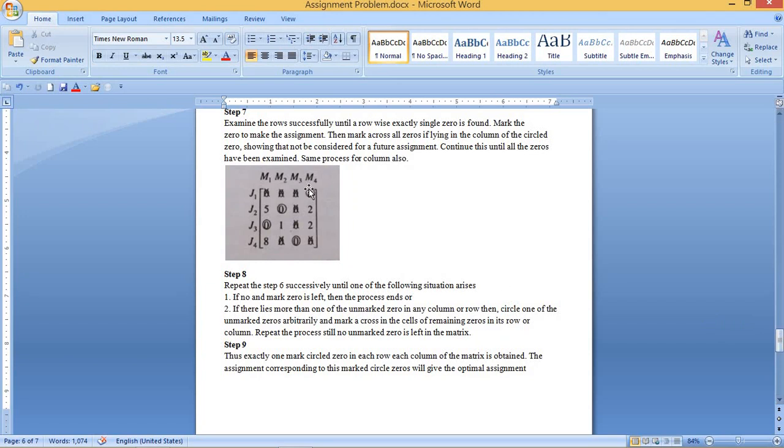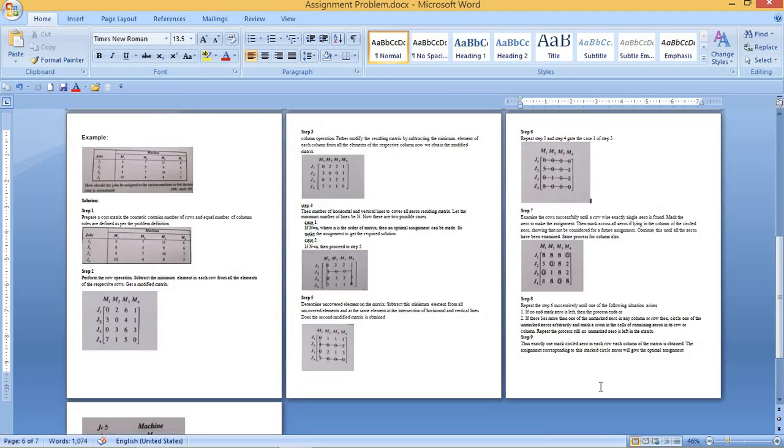Now we add the cost of these values to get the minimum solution. Consider J14: the value of J14 is 6.